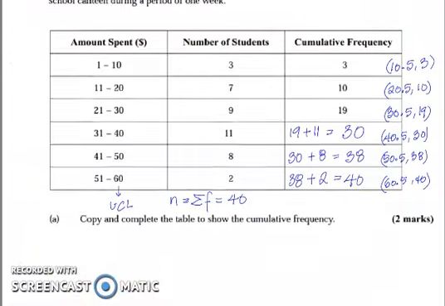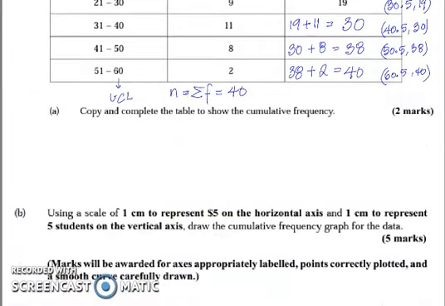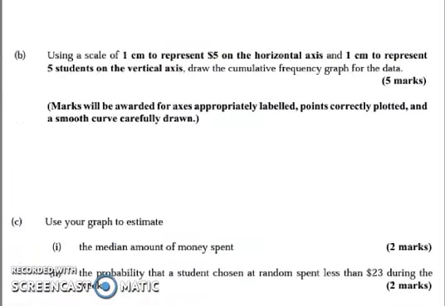Use your graph to estimate the median amount of money spent, and the probability that a student chosen at random spent less than $23 during the week.